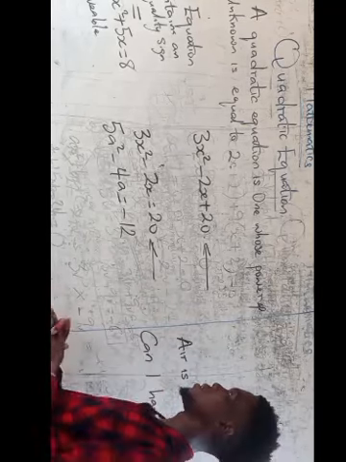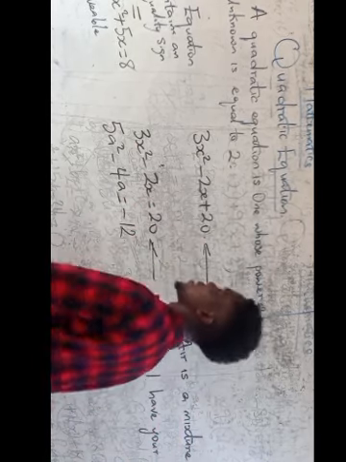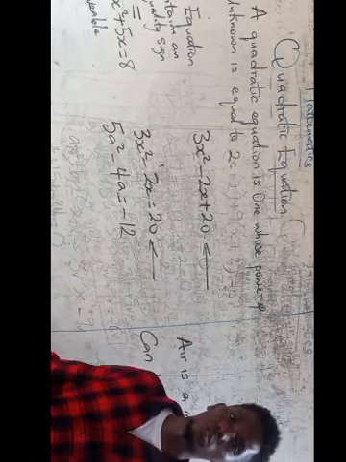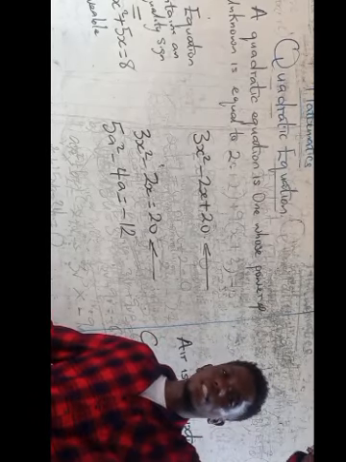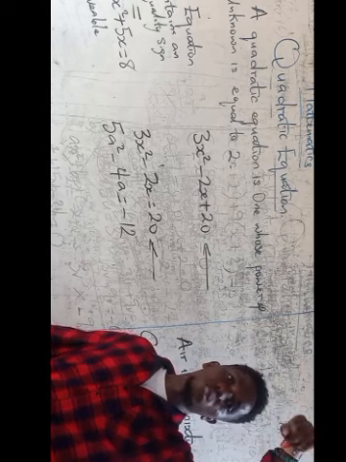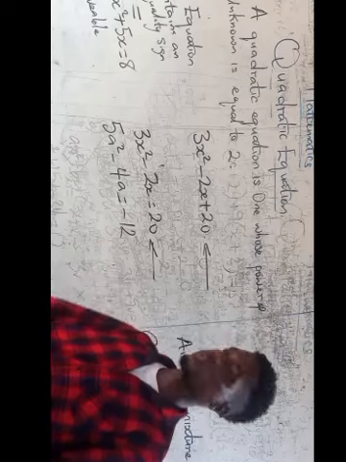So this simply means this here is a quadratic equation, while this is a quadratic what? Expression. So in this case, what makes any expression quadratic is the power of the unknown, and it must be equal to 2. So that is basically what this is talking about.